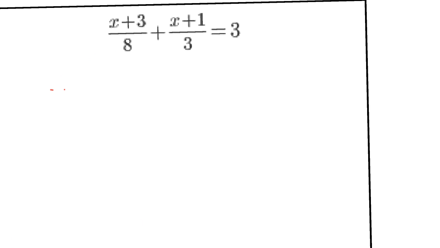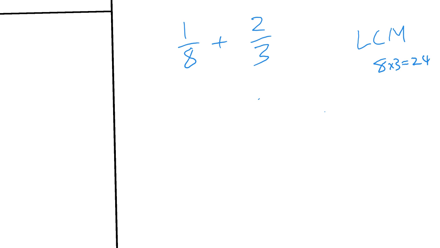We have to look at fractions, right? A long time ago when you worked with fractions, let's say I had 1 over 8 plus 2 over 3. What you would do is you would find the lowest common multiple being 8 times 3, which is 24, right?